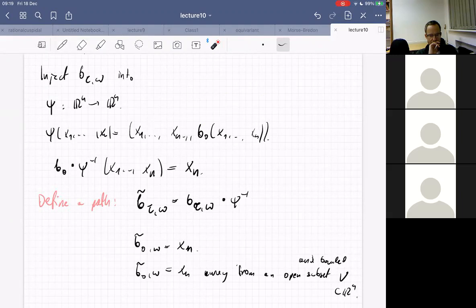Any ideas? Beta omega was defined to be equal to B0 away from an open ball U in Rn. So why is it true that B0 omega is away from some bounded ball V in Rn?